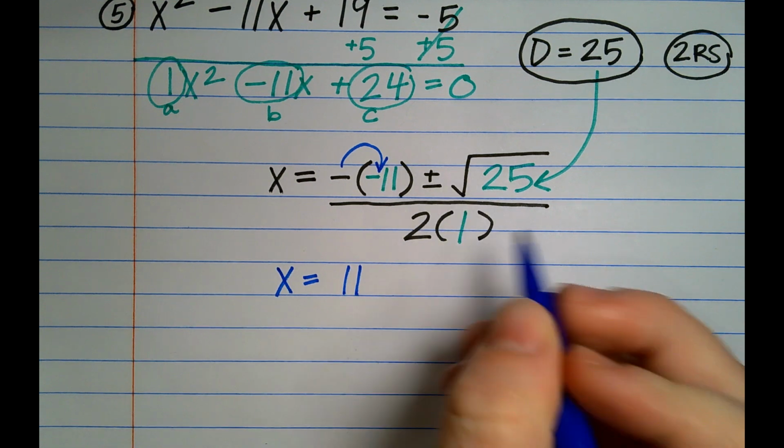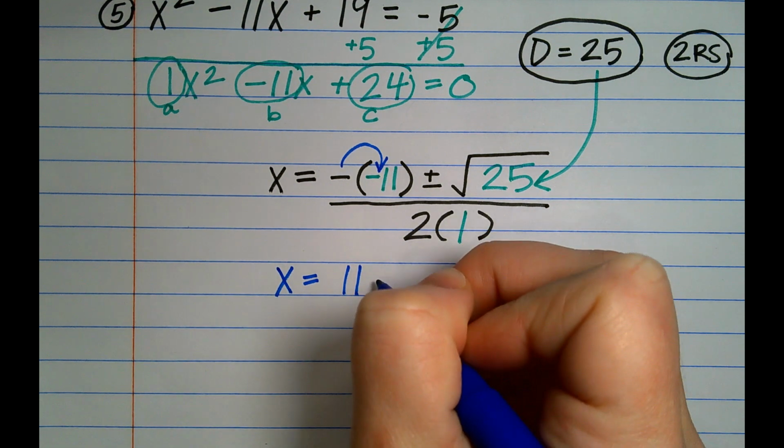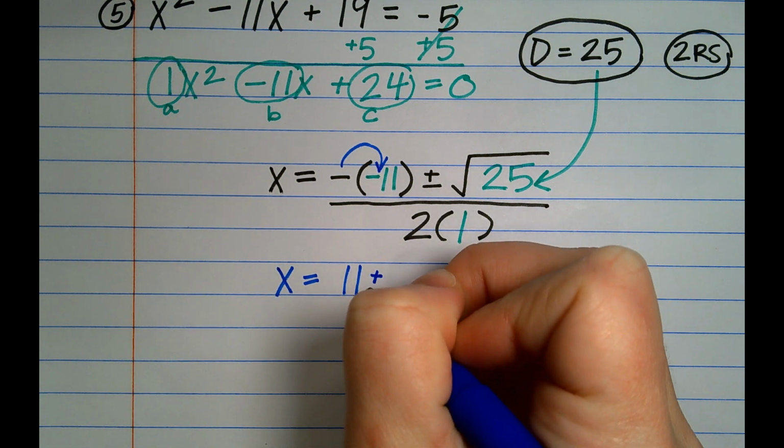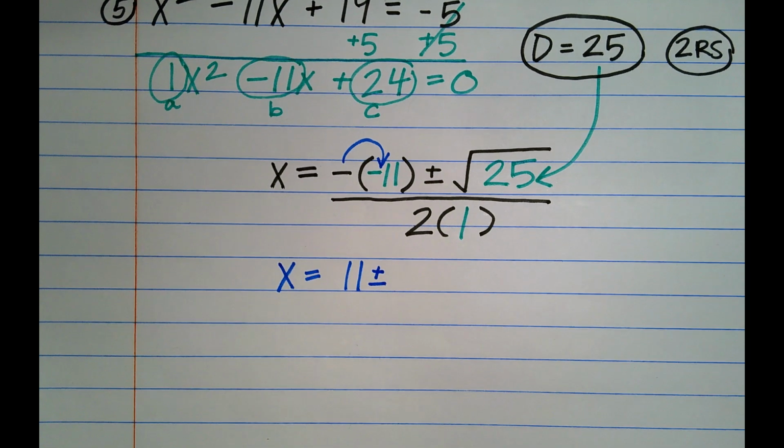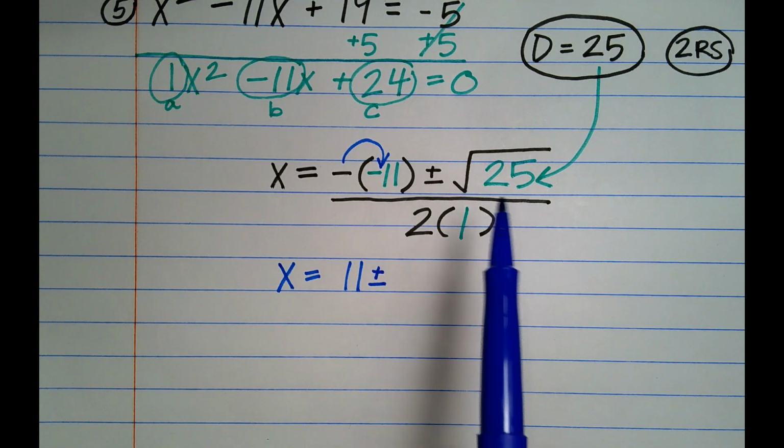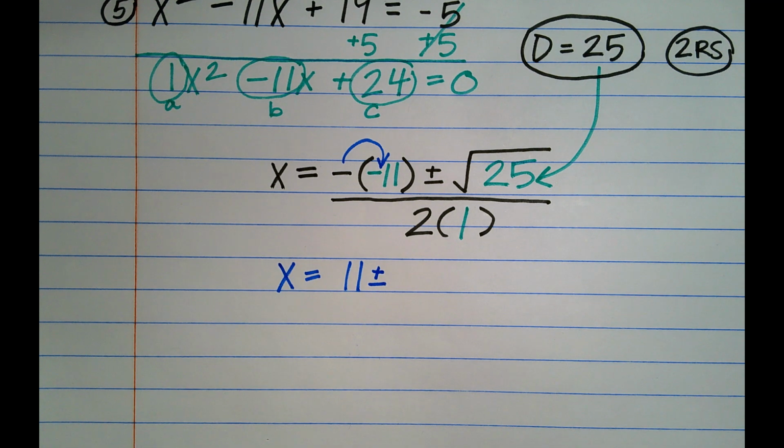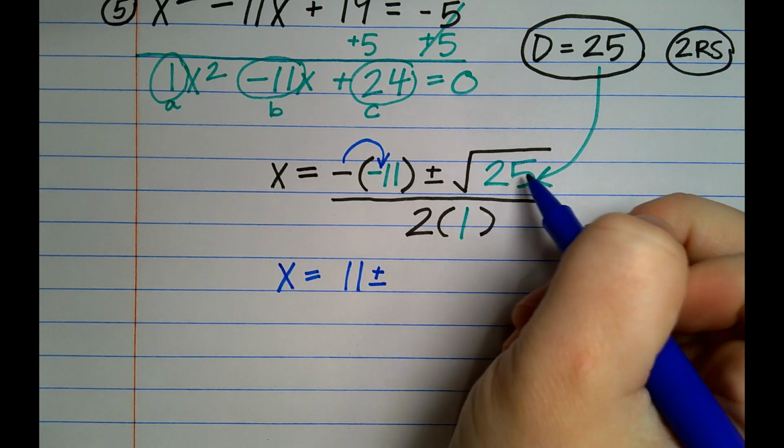The plus or minus stays. We'll go ahead and bring that down. Now we need to find the square root of 25. What is the square root of 25? 5, because 5 times 5 is 25. So that is our square root.